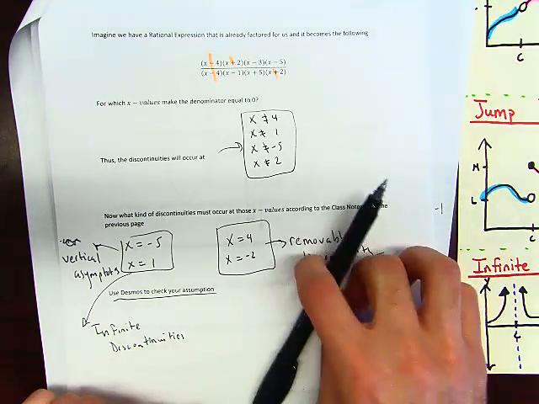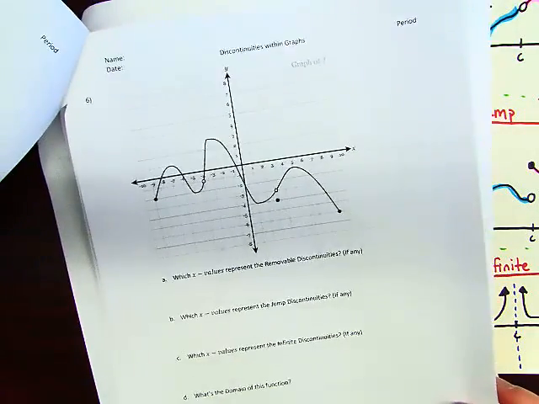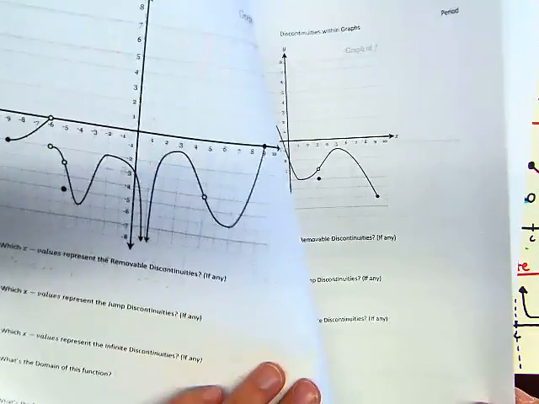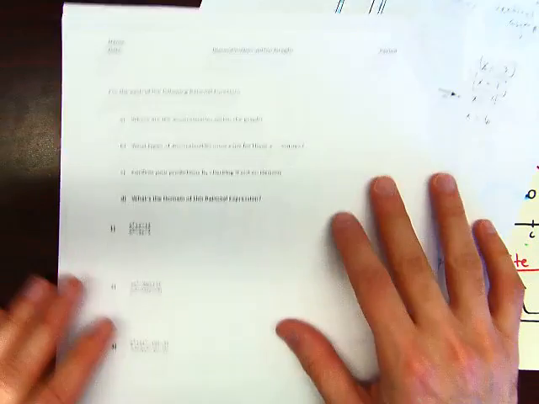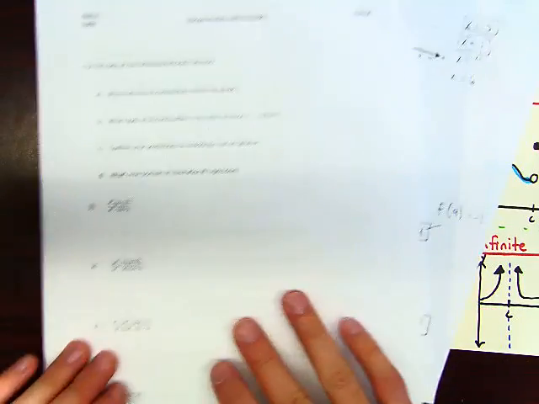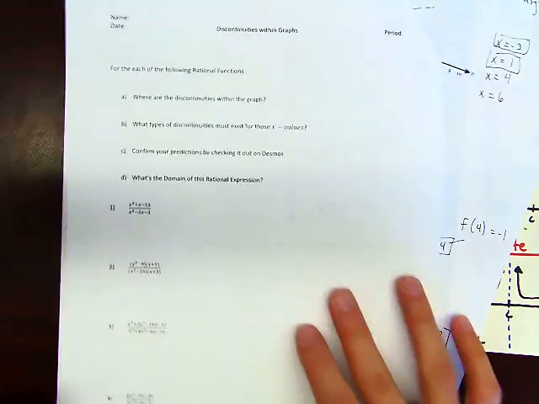All right? I hope this video helped. What I'd like you to do is, the homework will be to try and practice everything we've done from part 1 and part 2 of this series of discontinuities. For this part of your homework over here on the back, this is pretty straightforward. You've done a lot of examples of these.